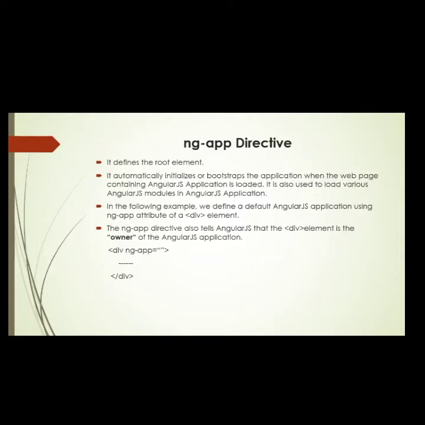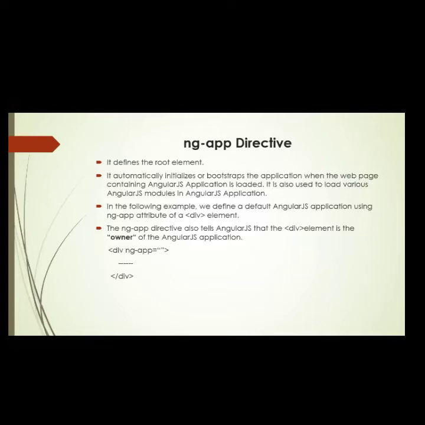Now here, compiling the HTML means what? Compiling HTML in AngularJS means attaching event listeners to the HTML to make it more interactive. Typically, the ngApp directive should be placed at the root of the HTML document.